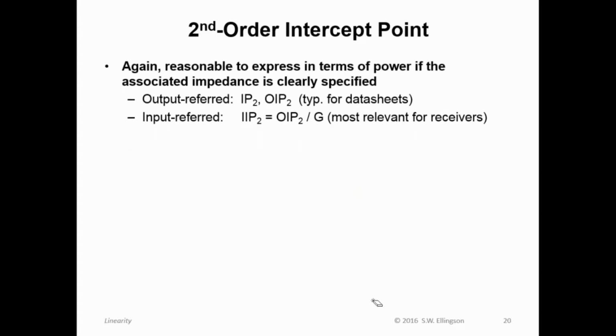Once again, I can describe all these things in terms of power if we can agree on the impedance. The output referred quantities are given by variables such as IP sub 2 or OIP sub 2, clarifying that's output. Again, this is typical for data sheets. For input referred quantities, I simply divide by the linear gain. And a typical variable to use there is IIP sub 2.